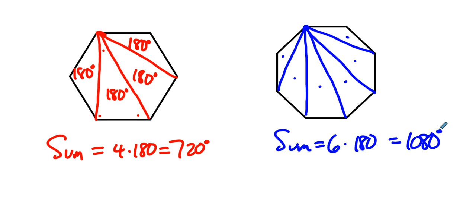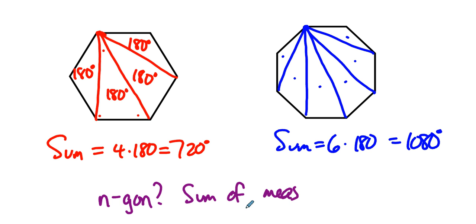So now I know what you're thinking. You're thinking, wait a minute, is there a pattern? And the answer is, sure there's a pattern. What happens for a generic n-gon? Well, the sum of the measures of the interior angles is, where did this 4 come from?